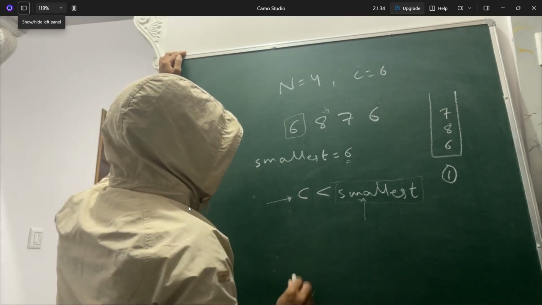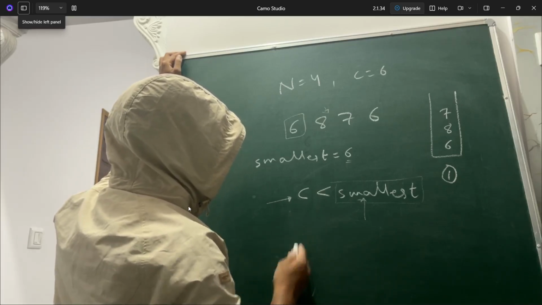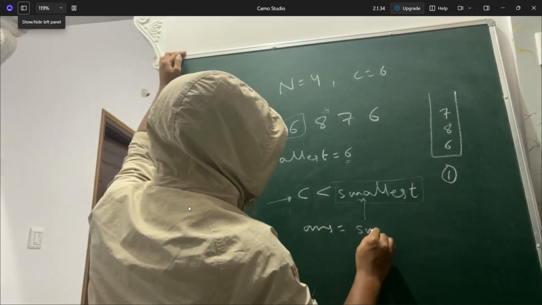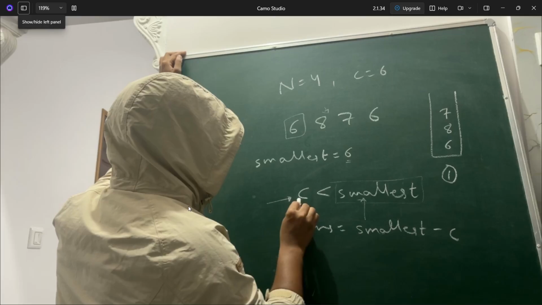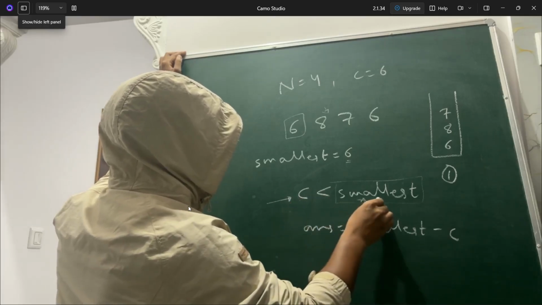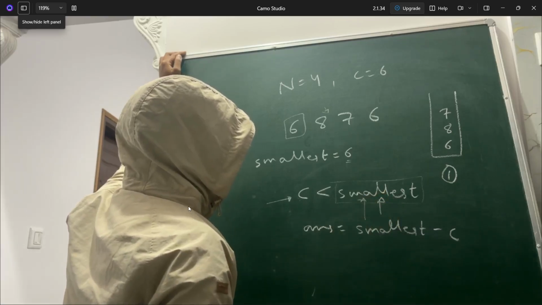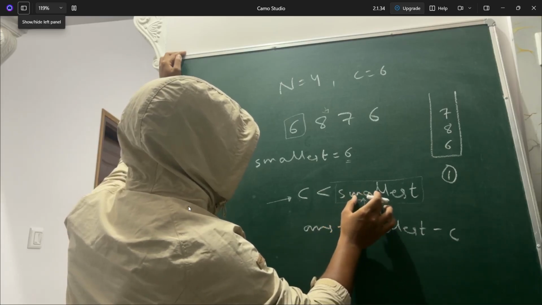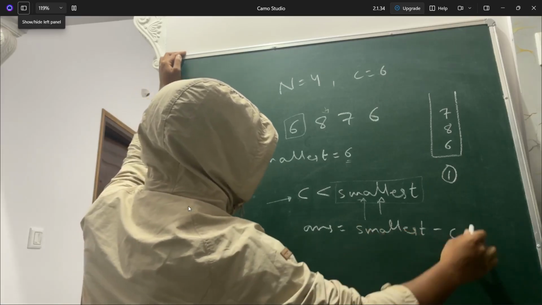So if this is the condition, obviously our answer will be smallest minus C. Why smallest minus C? Because she has C cookies and she wants to surpass the smallest number of cookies, so she will be buying smallest minus C cookies.